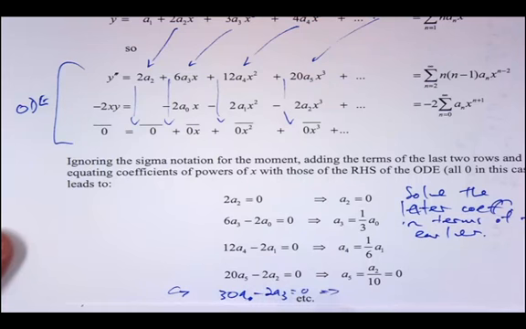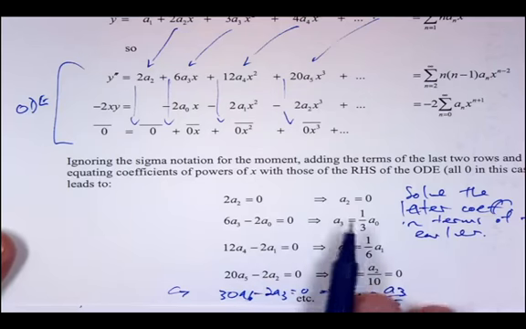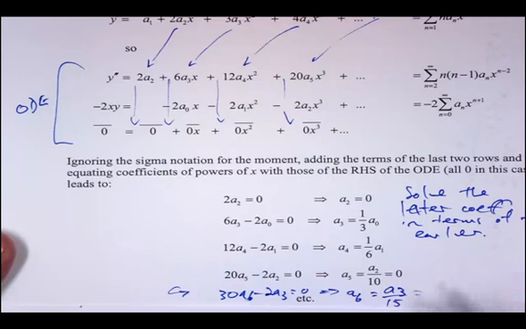So we could solve that also. A6, dividing by 30, is going to be A3 over 15, but we also know something about A3. A3 was 1/3 of A0, so that's A0 over 45.